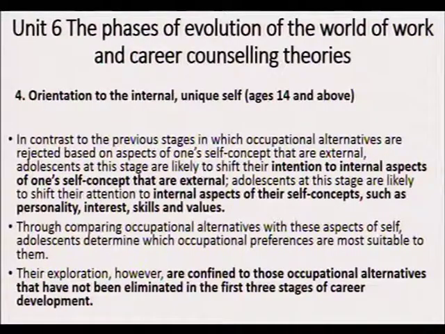Number 4 is the orientation to internal unique self, ages 14 and above. In contrast with the previous stage, in which occupational alternatives are rejected based on aspects of one's self-concept that are external, adolescents at this stage are likely to shift their attention to internal aspects of their self-concept, like personality, interests, skills, and values.